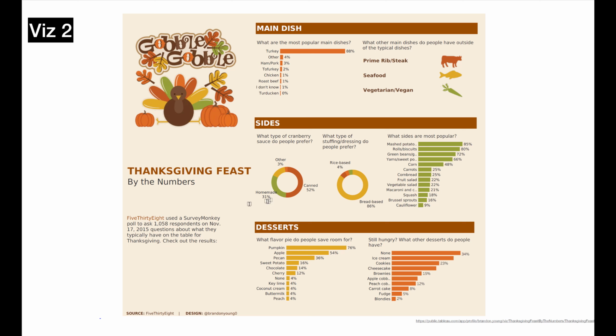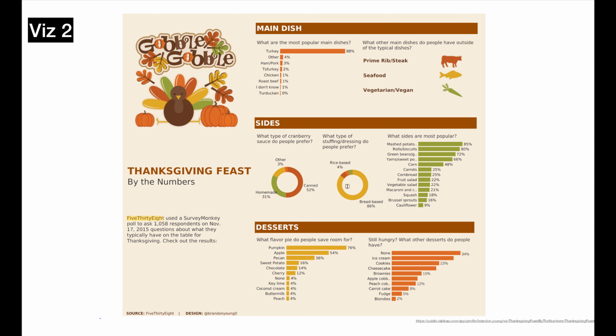This is from 538, which is a very well-known statistical analysis website. They, in particular, are known for analyzing political polls to try to make predictions about elections.